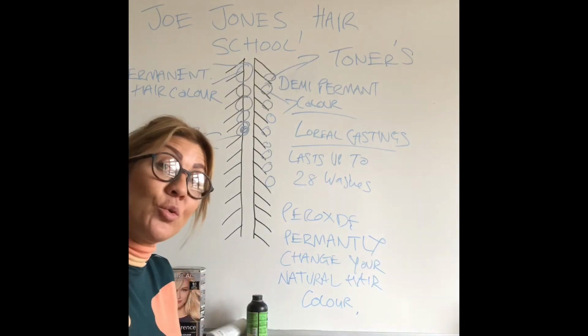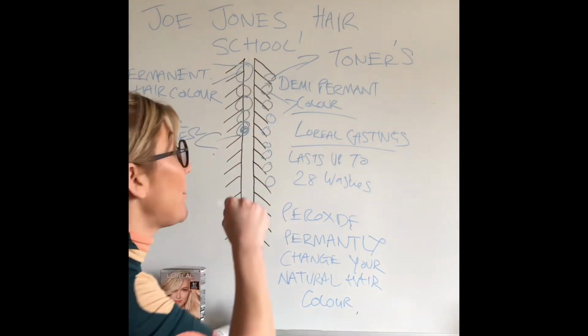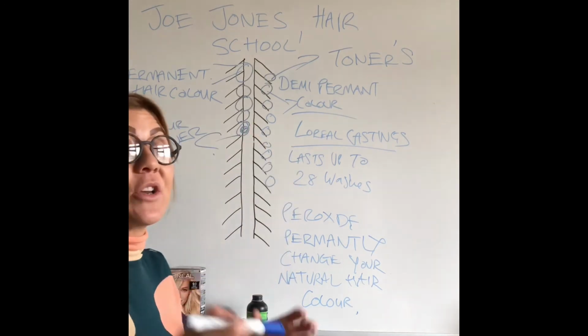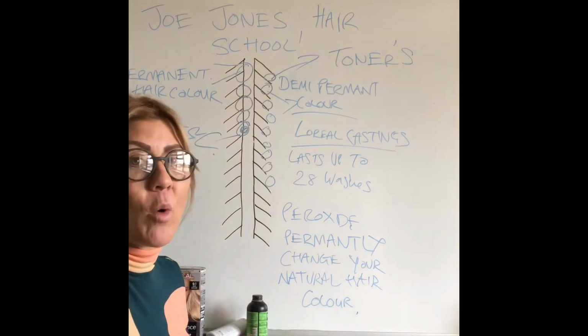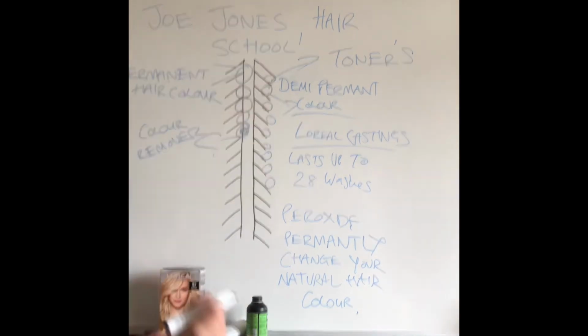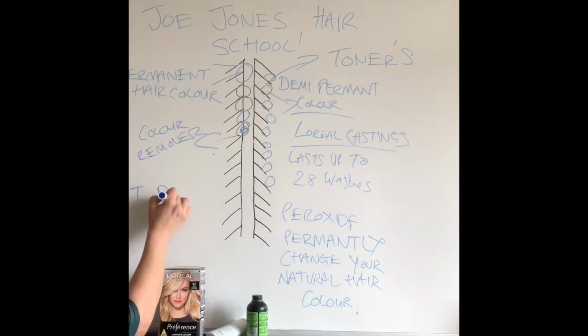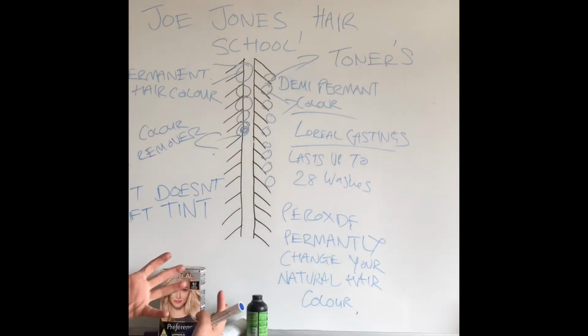The actual colour may have faded, but you've still got that permanent molecule in your hair, because if you put another colour over it, the chances are it won't lift, because tint doesn't lift tint. I'm probably going about this in a really roundabout way, but we'll go with it.